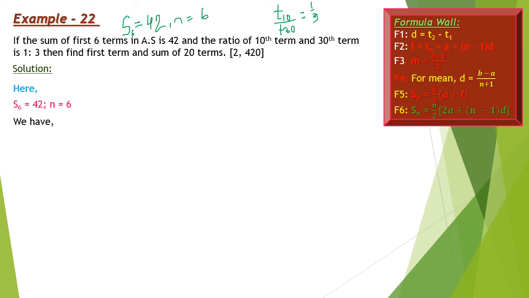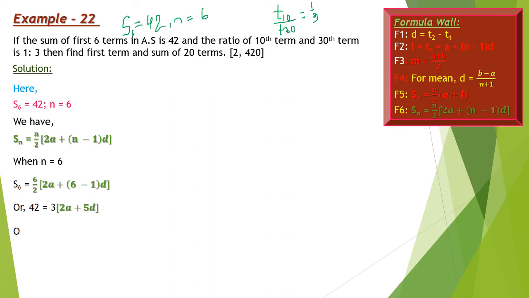So we have our formula. When n is equal to 6, s6 is equal to, we have only the value of n, so a and d will be as they are. As s6 is 42, 42 equal to 3 into 2a plus 5d.